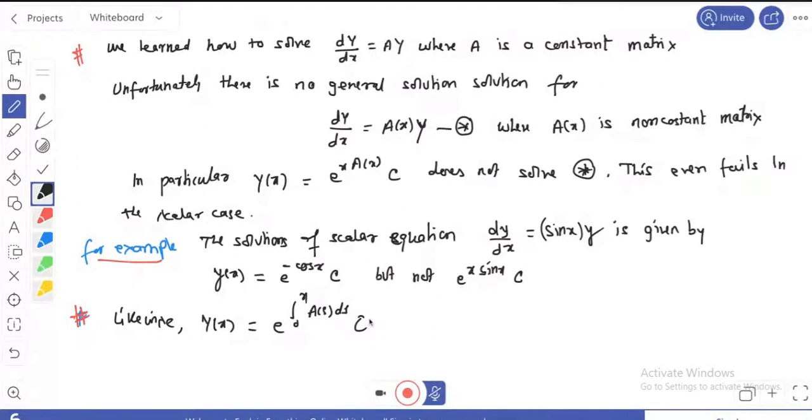So this is not the solution, it fails even in the scalar case.